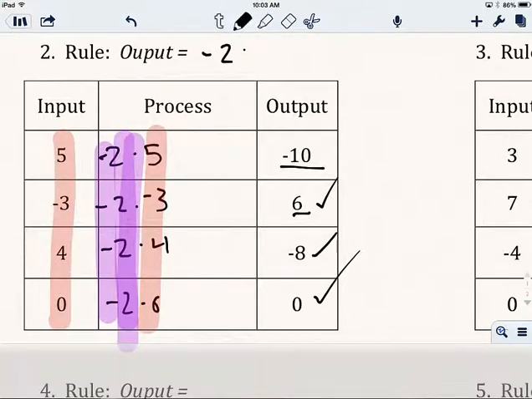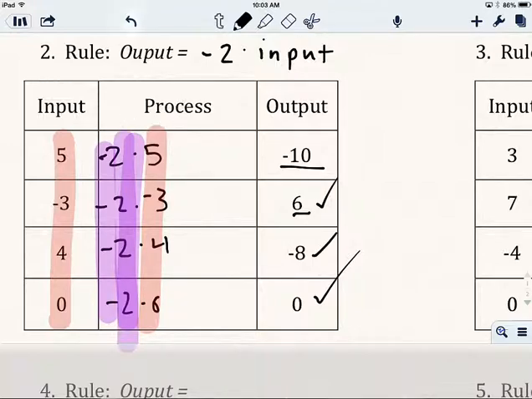And so what I'm doing is I'm taking -2 times my input. And there's my rule. I made sure it worked for every single row in the table. I looked at the stuff that stayed the same in every single row in terms of the process, and that became a part of my rule. Then I noticed the stuff that changed in my process, and that became the input in my rule.